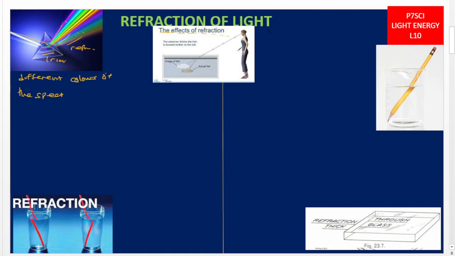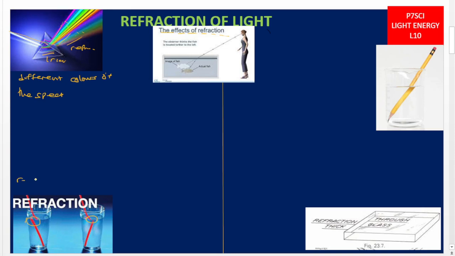Number two, when a straw, a stick, a pencil, a ruler is immersed in a glass of water, it appears to be bent. The straw is appearing to be bent. But why is it appearing to be bent?